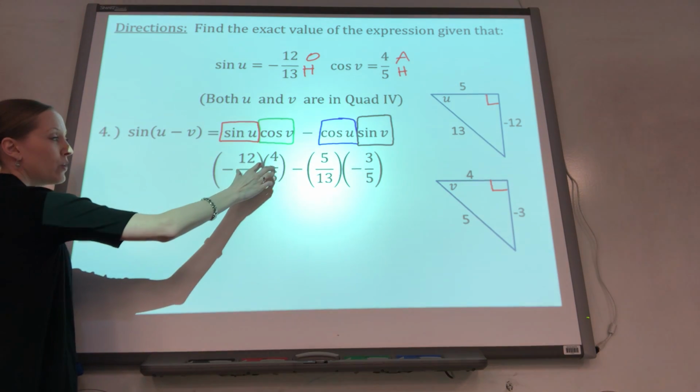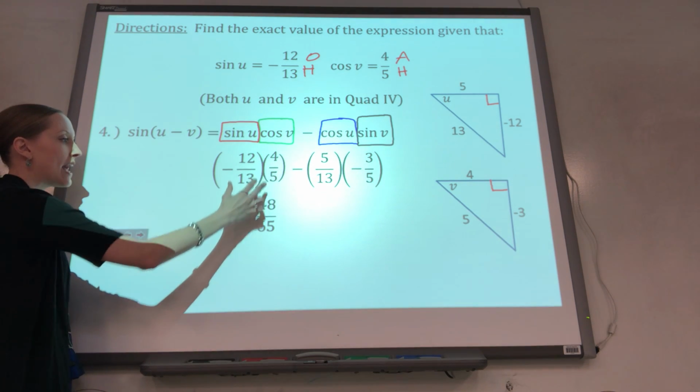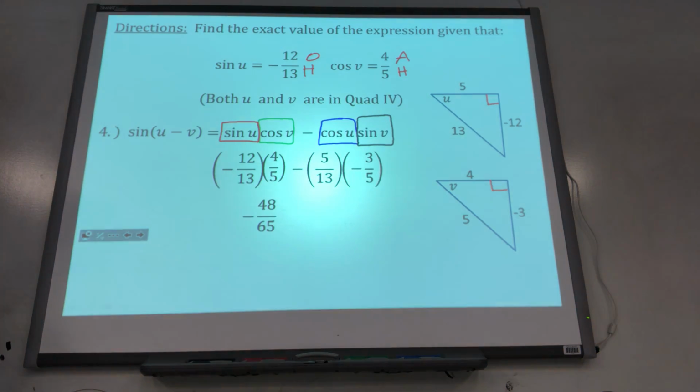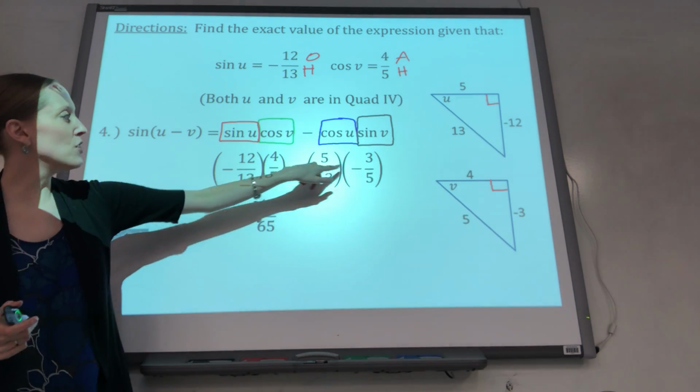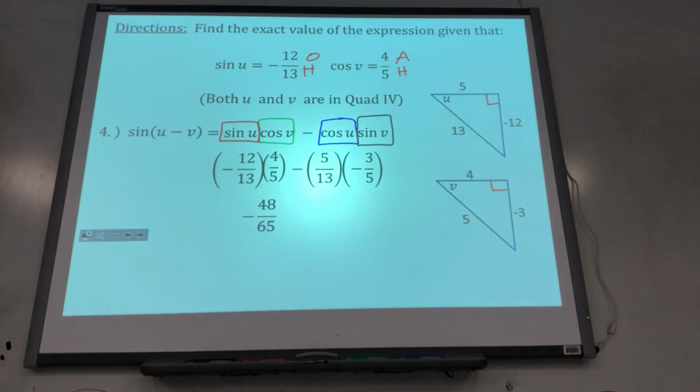Now this will turn into -48 over 65. You've got 2 minus signs in the back, so that'll turn into plus 15 over 65. And just like we've been doing all along, anytime we have common denominators, we want to go ahead and put those together.